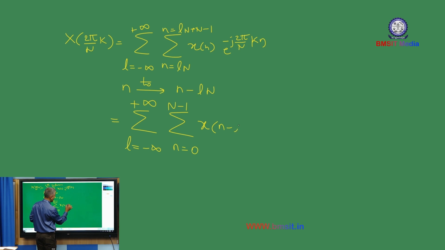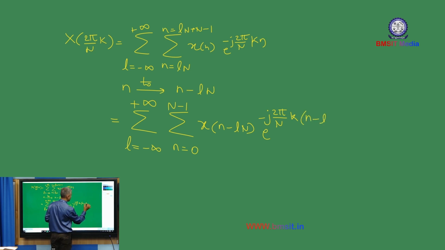So here you will have this term represented, n minus ln, and the other is this twiddle factor, e raised to j 2 pi by n into k, and we know that n is replaced by n minus ln, so I shall write it as n minus ln. Okay, so this is the representation.